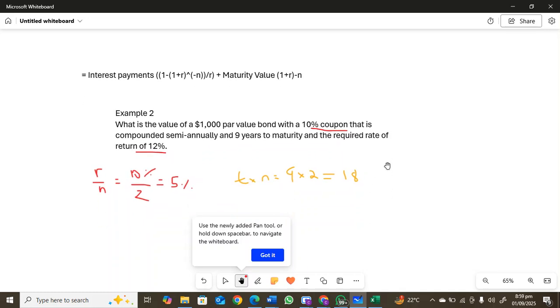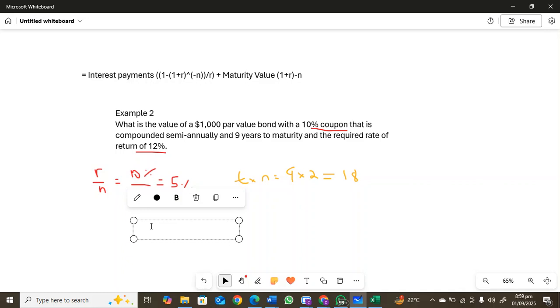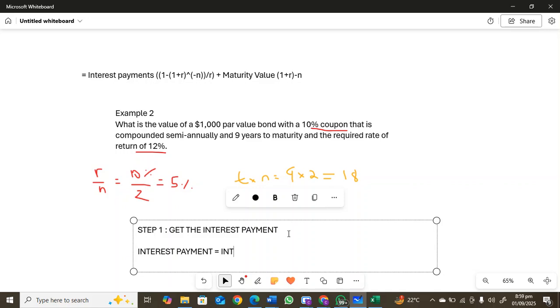Once you do these adjustments, we can now go back to the steps of calculating the price of a bond. Step 1, get the interest payments. The interest payments equal interest rate times par value.